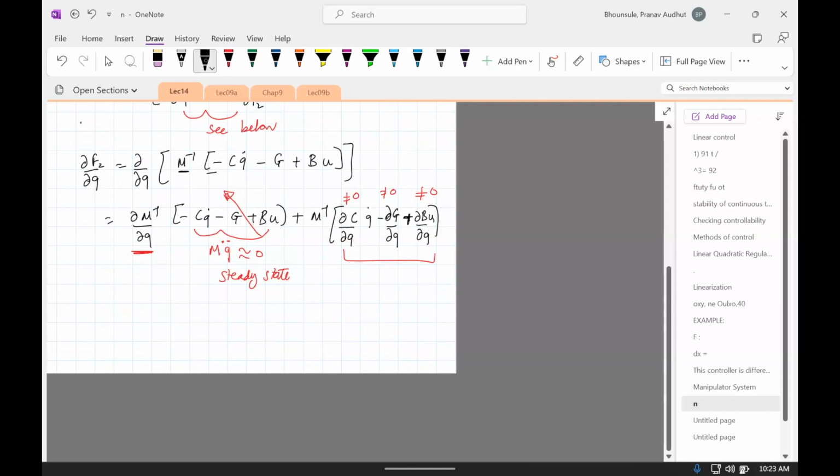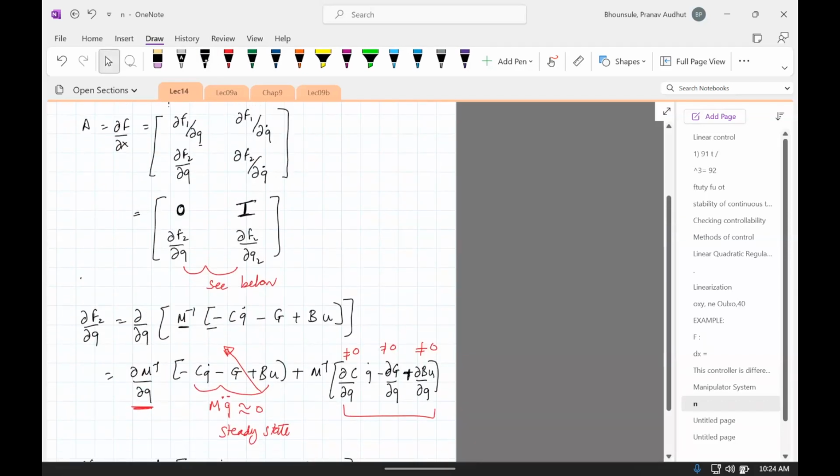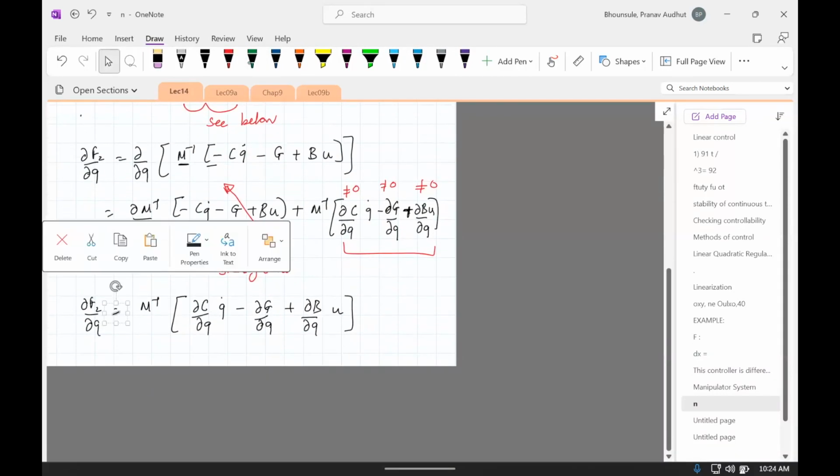And so df2 dq is M inverse dC dq q dot. If B was constant, which actually it is for a manipulator, because the torque is not state dependent, it's just a constant, it will actually be 0. But let's keep it that way. So df dq, we figured out this part. Let's call that 1. That's right here.